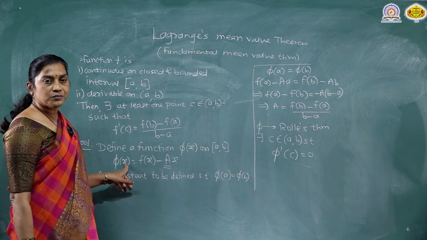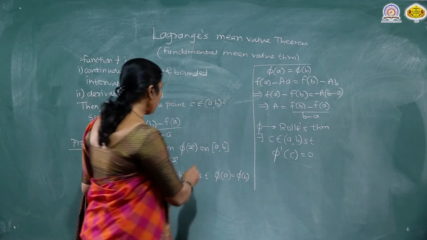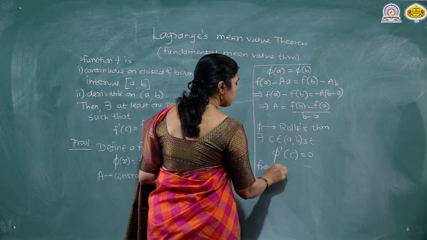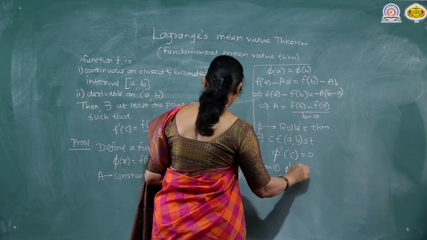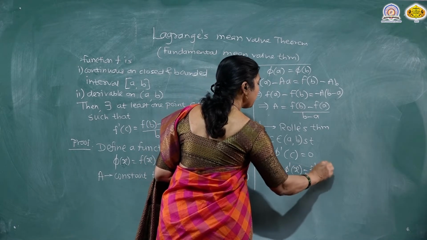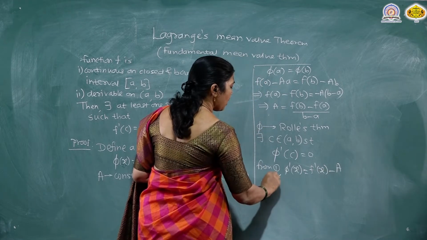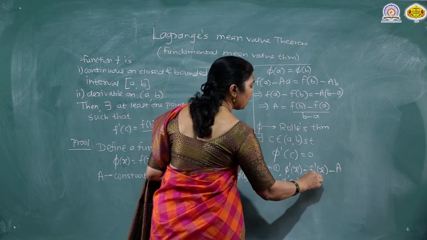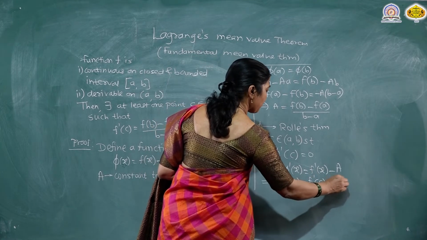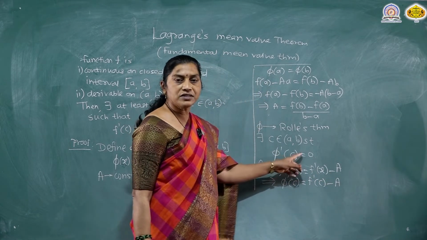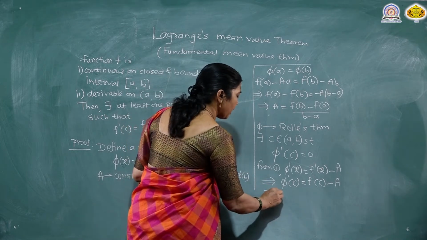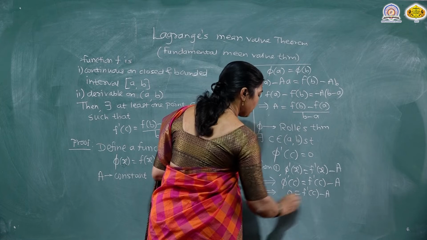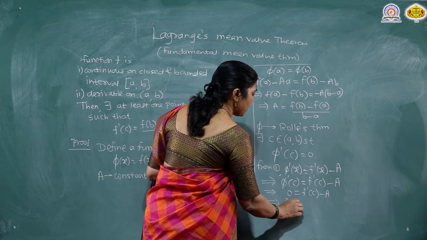Now we know phi(x). So what is phi'(x)? From this one, we get phi'(x) is nothing but f'(x) minus A. So replace x by c, we get phi'(c), which is nothing but f'(c) minus A. But we have phi'(c) is equal to 0, and therefore we get 0 is equal to f'(c) minus A, that is we get A is equal to f'(c).